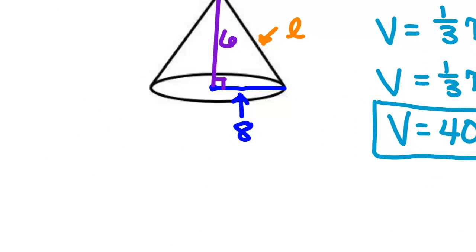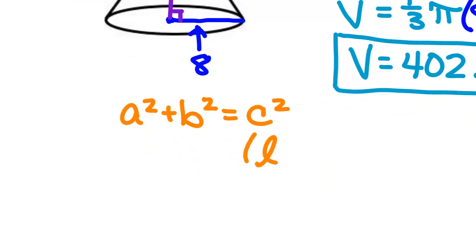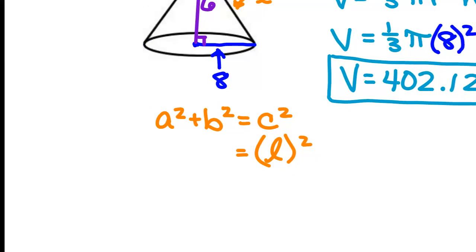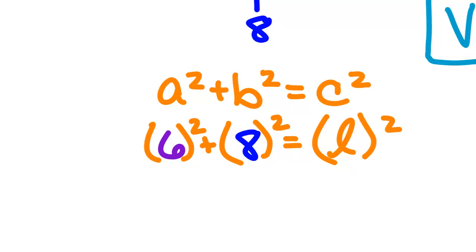Pythagorean theorem, a squared plus b squared equals c squared. My slant height is that hypotenuse, so I put the slant height in for c. In for a and b, we put 8 in for one of them and 6 in for the other. So I have 6 squared plus 8 squared equals my slant height squared.